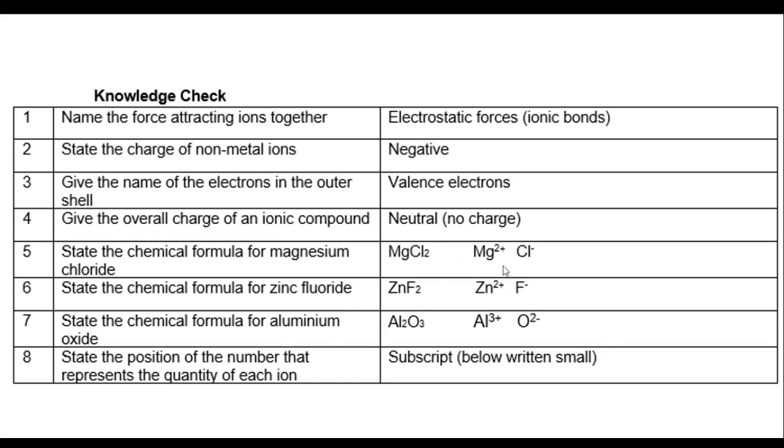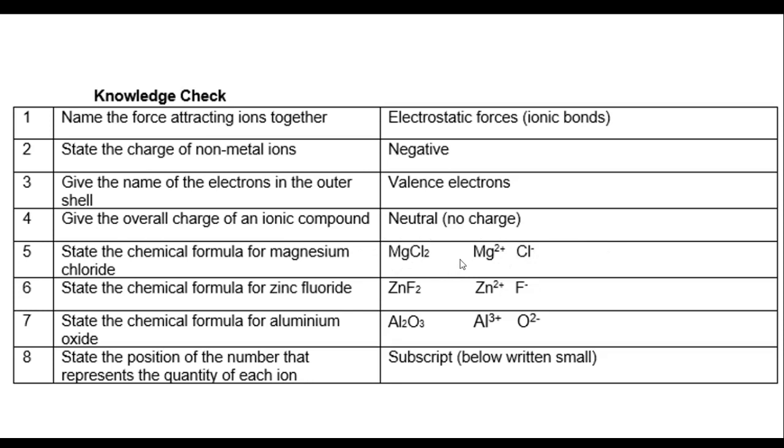Because the magnesium has a charge of 2+ in terms of its ion, and the chloride ion only has a -1 charge, you need 2 chloride ions to make sure that the compound is neutral, because we need the charges to be balanced. So we have 1 ion of magnesium and 2 ions of chloride.